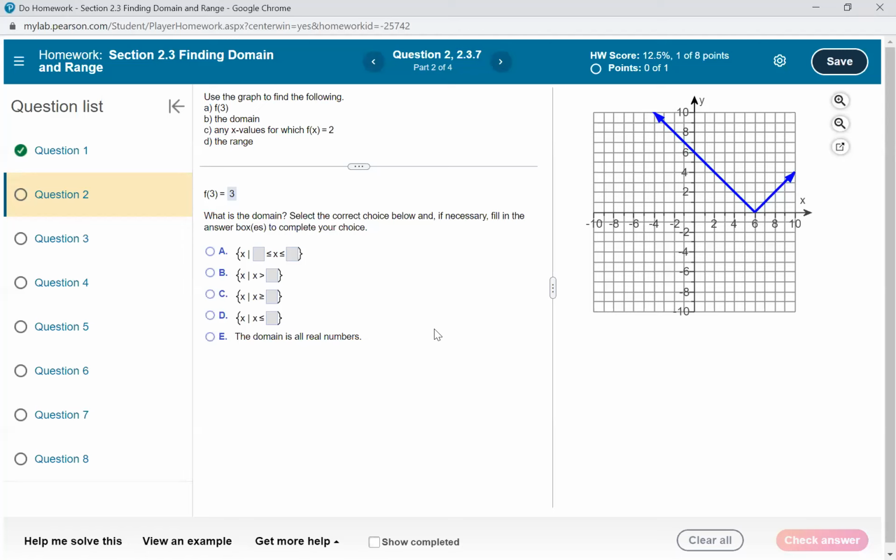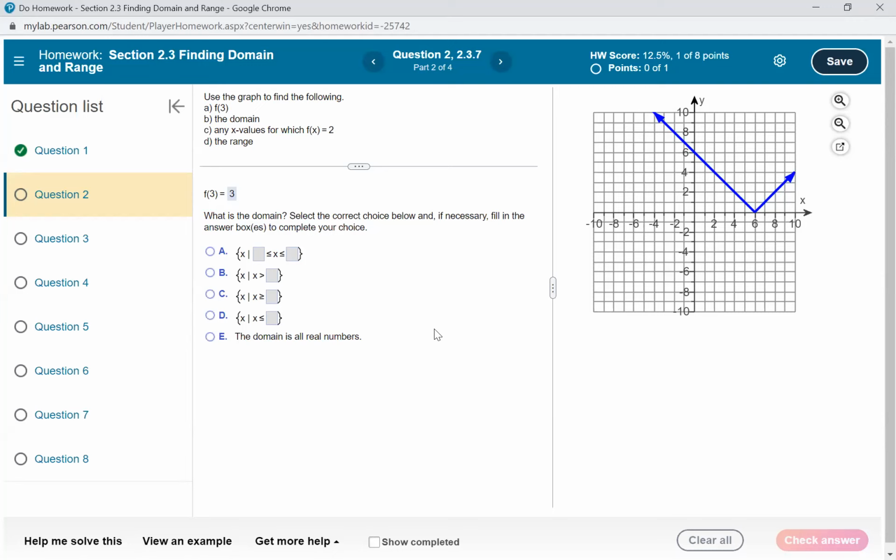Now, the domain is going to be a little different. This has arrows on both ends of this line, which means it goes forever to the left towards negative infinity. It goes forever to the right towards positive infinity.